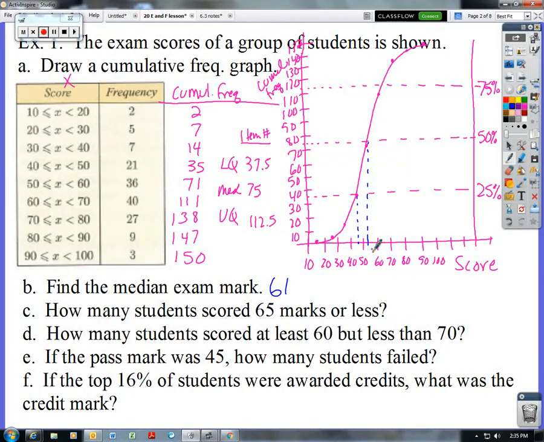How many students scored 65 marks or less? Okay, so that's the score here. 65 would be halfway between, we're just going to assume it's halfway between the 60 and 70 interval. So we're going to simply take half of these, 20 of these, and it says 65 or less.